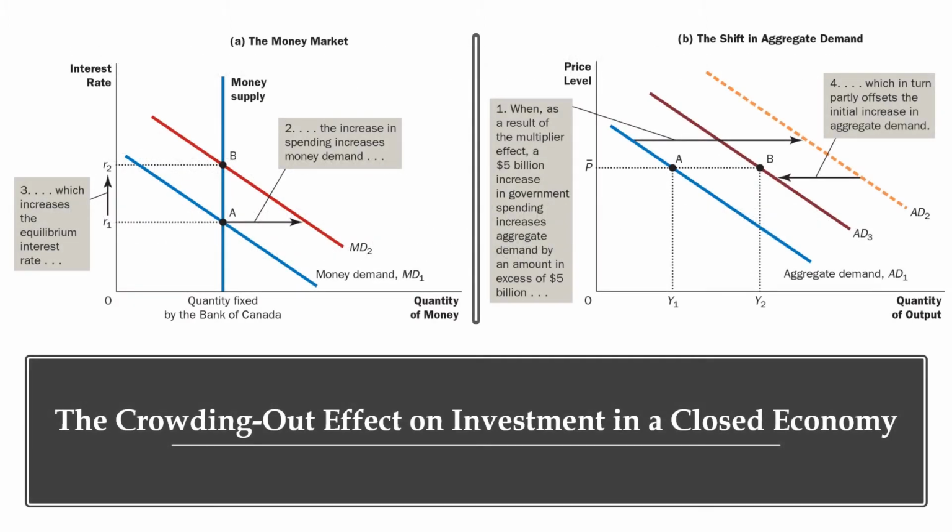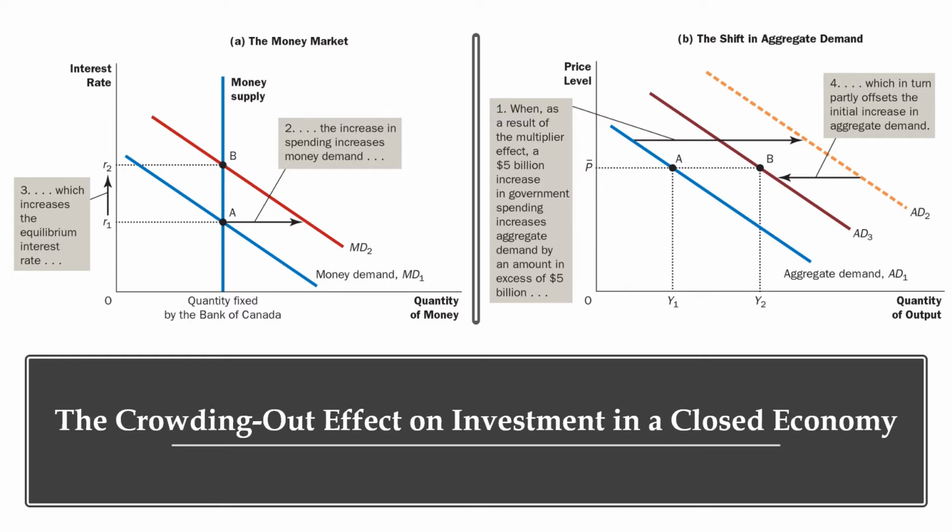Here it is on the graph. Number one, we still have the multiplier effect here. As a result of the multiplier effect, a $5 billion increase in government spending increases aggregate demand by an amount even more than $5 billion, right? So we move from point A all the way to the yellow dotted line on the right, the graph on the right. That's the multiplier effect all the way to AD2. So what is that showing?